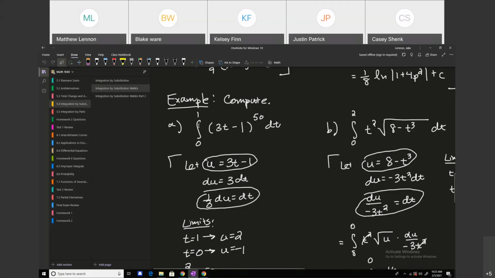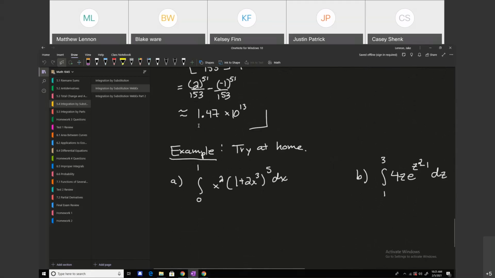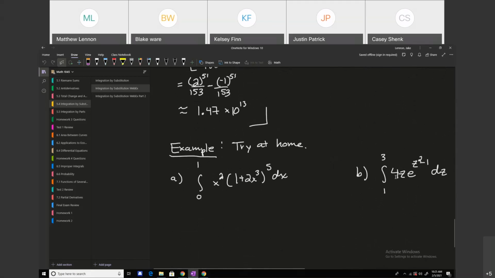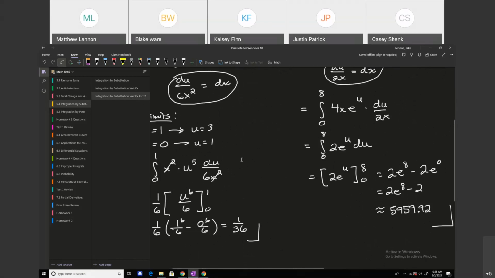If you don't need to make a substitution, you're not going to have to do anything with the limits. So this is purely something that you do when you're making a substitution, and it's going to make the problem easier. I promise you that. I used z's here, but I switched to x's. That's fine. Again, I'm sure this seems a little mysterious at first, but the more you do it, the better things go.